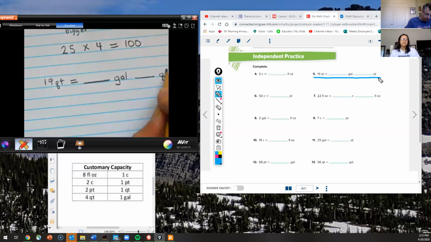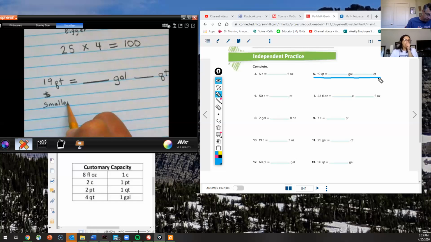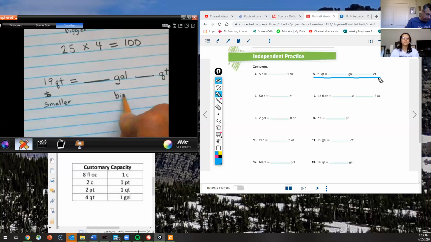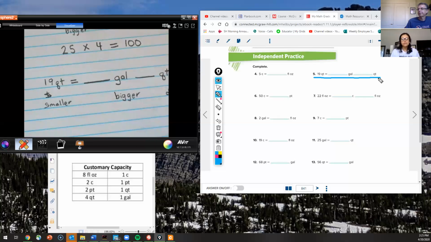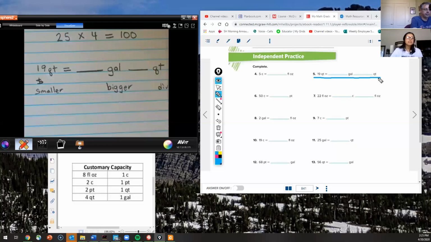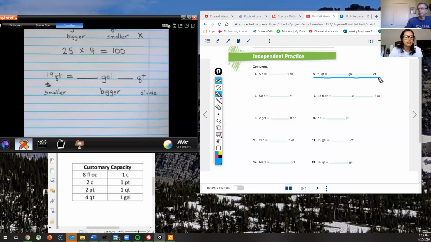So you are going to be dividing, because remember, Shakes, Buys, Donuts. That's how I'll remember it. We look at our conversion chart and see which one has both quarts and gallons.